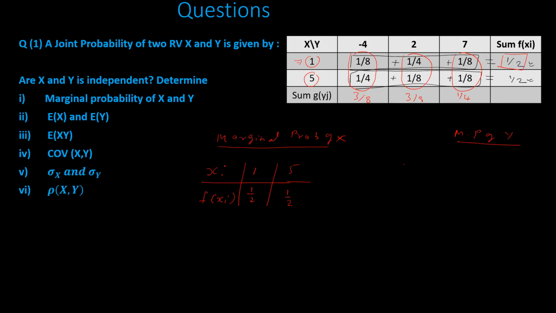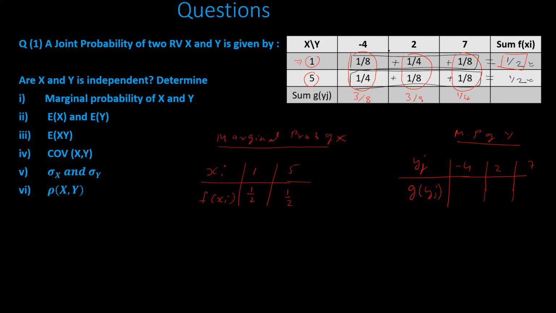When you want to write the marginal probability of y, in this case we write in terms of yj and g of yj. Now I think you have got the idea why I have written xi and yj, two different concepts. y has three values, -4, -2 and 7. These values will come here, and their corresponding probabilities are the sums you have written.